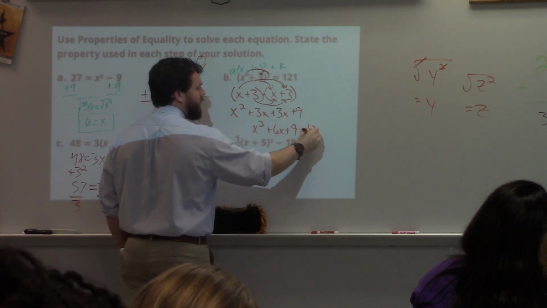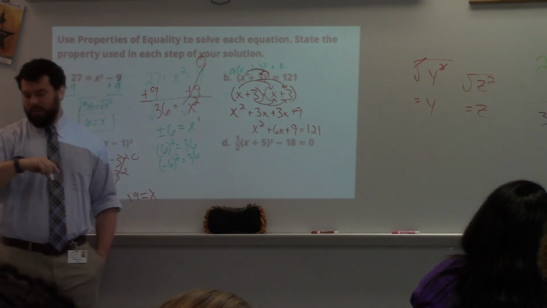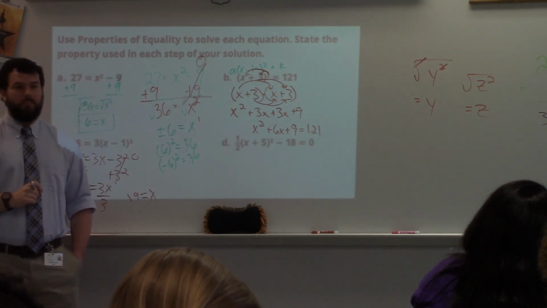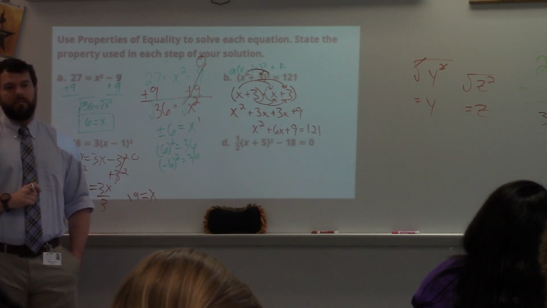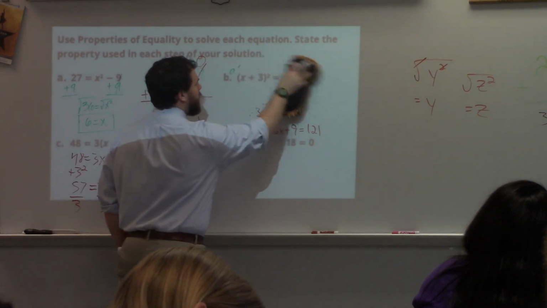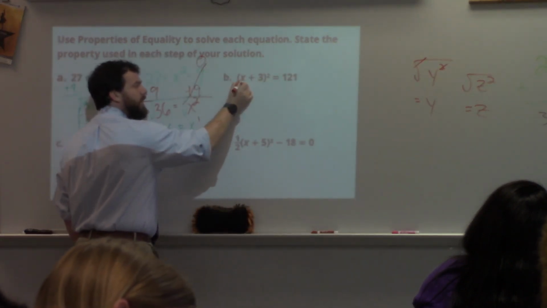But I will point this out, we talked about this already. Do we want a quadratic in standard form? No. You don't want quadratics in standard form. Those are not going to be helpful to solve. Go back to the beginning. What's happening to x?